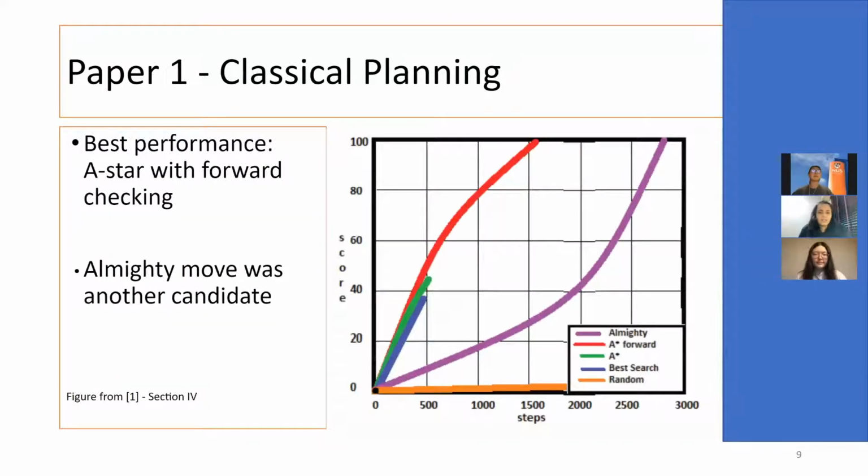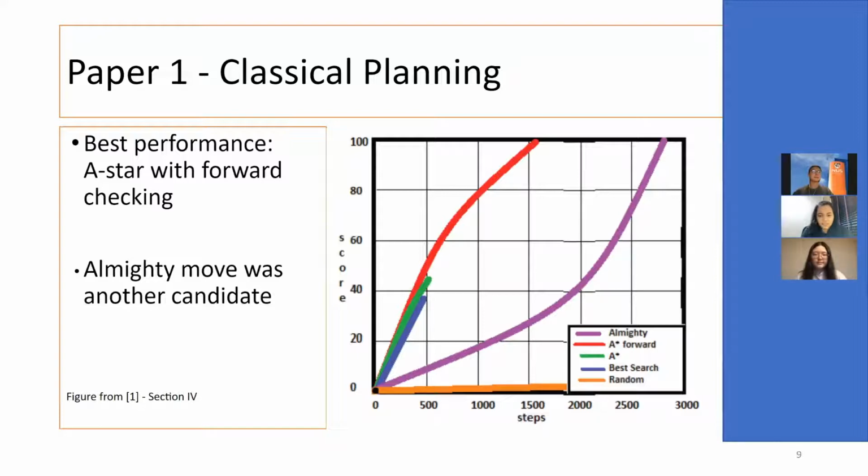Next. So this graph is basically the conclusion from the paper that I performed the literature review on. And as you can see, the authors indicated that the red graph, that is the A-star search with forward checking, is the one that performs the best.